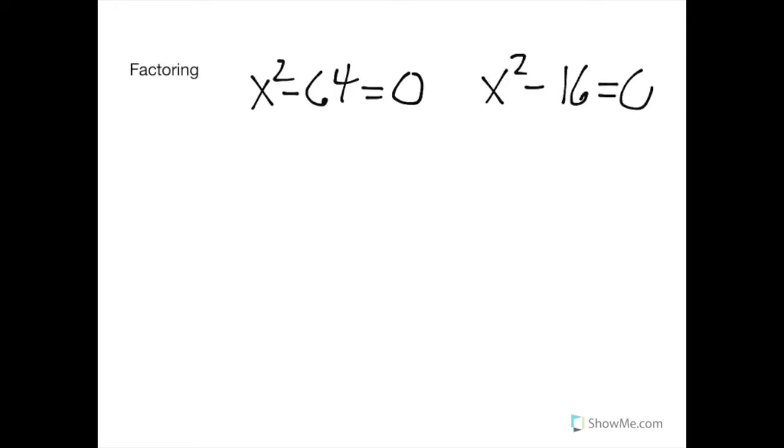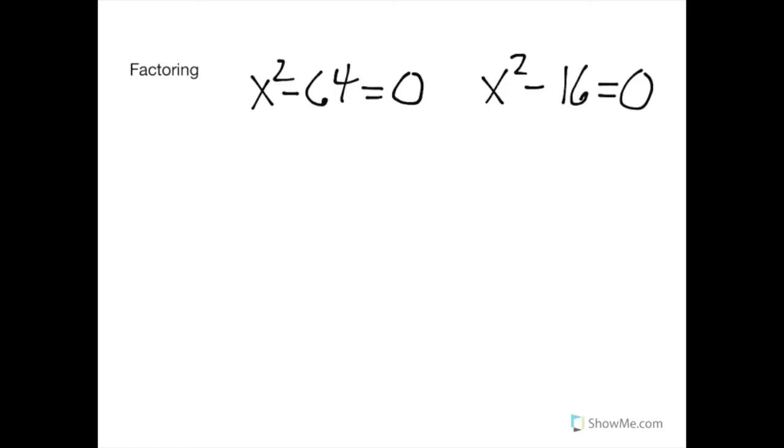There's one more type of problem you might see, and it would be very good for you guys to know. It's a very simple type of problem, and if you see it, you instantly will know how to solve it. Let's take a look at this. X squared minus 64 is equal to 0. Now, I'm also going to write another problem for you guys. X squared minus 16 is equal to 0.